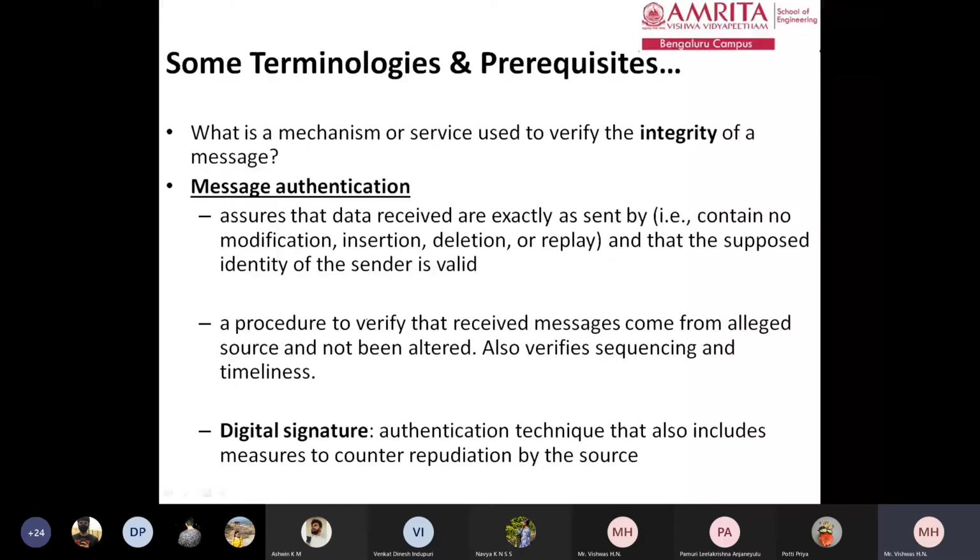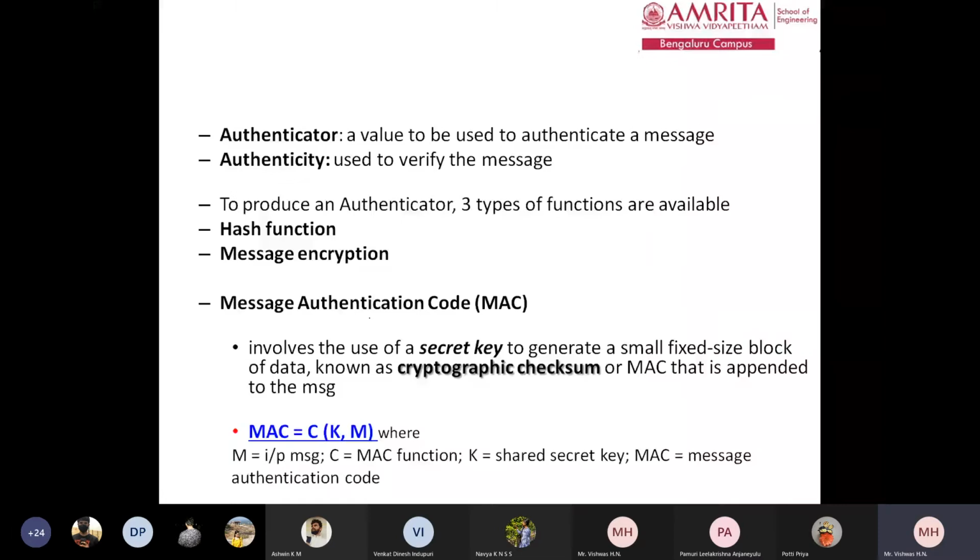So let us see what is digital signature, and before that, some more points. So what is an authenticator? A value to be used to authenticate a message. What is authenticity? Used to verify the message. So there are many procedures to produce an authenticator.